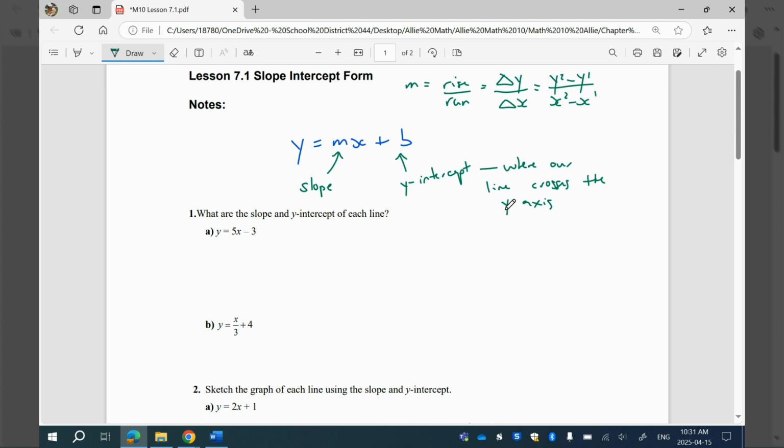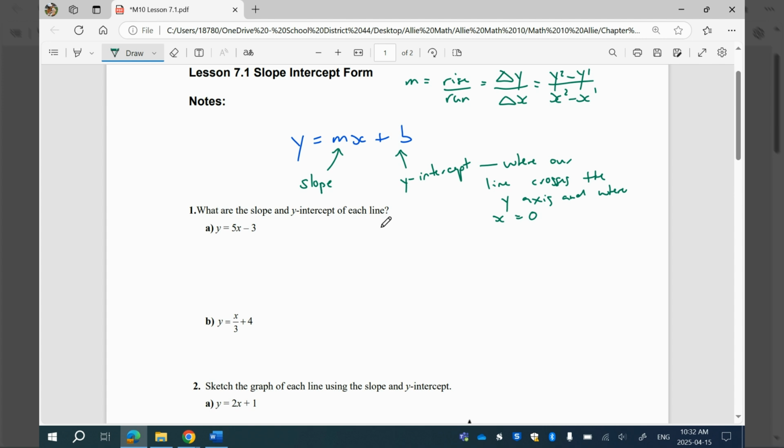And this is also where x equals 0. I'm going to put that where x equals 0.